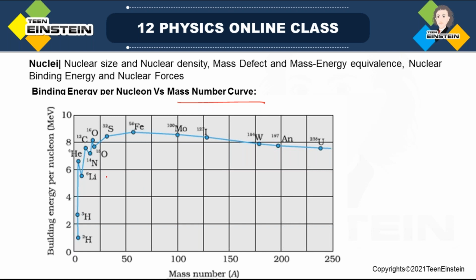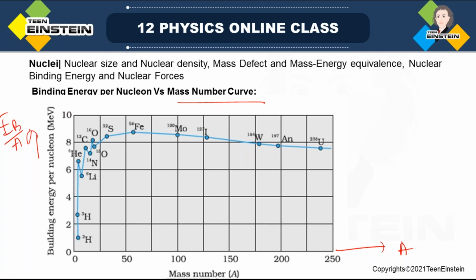Let us find out a few characteristic features of this curve. On the x-axis it is mass number, and on the y-axis it is Eb per mass number, that is binding energy per nucleon. Binding energy has a very large value, in the order of mega electron volts.